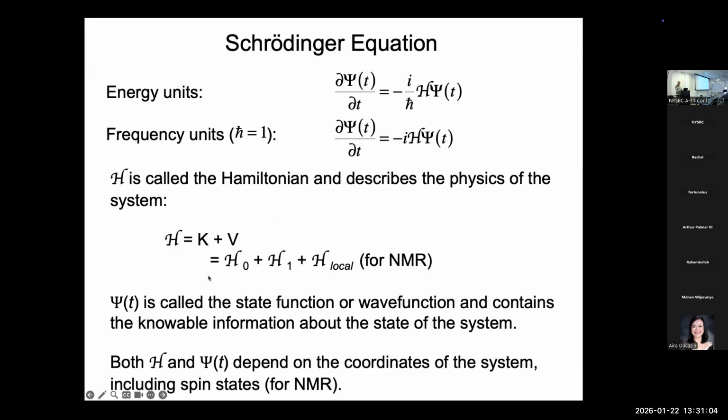And for us, it's going to consist of the Hamiltonian for the static field B naught, the Hamiltonian for any of the RF pulses that we apply, and then some local magnetic interactions that, for example, are the chemical shift and the J coupling, and might include dipole couplings, etc. So it's a relatively simple Hamiltonian relative to what optical spectroscopists have to deal with.